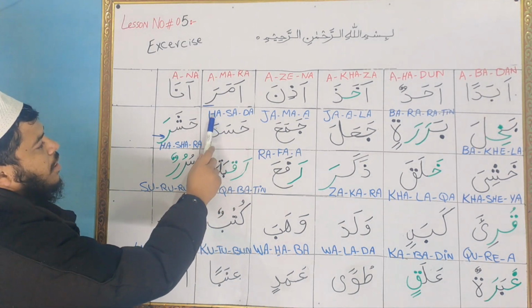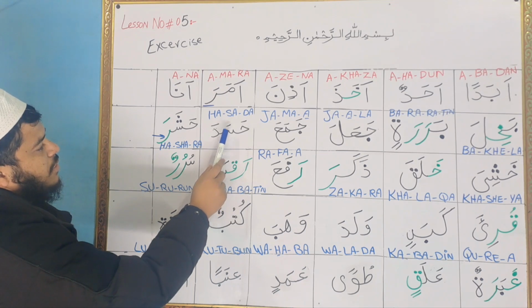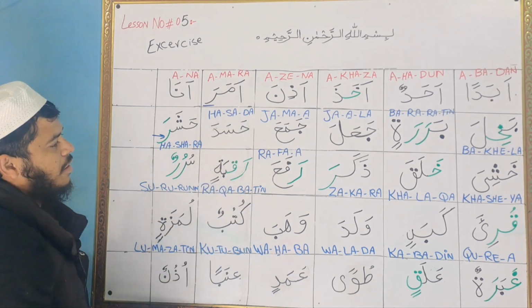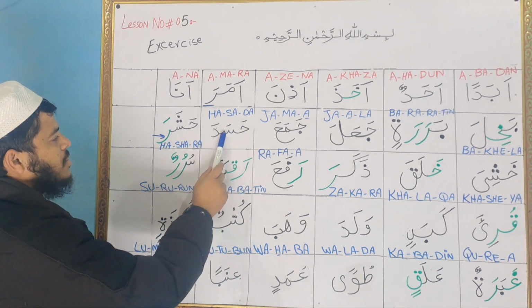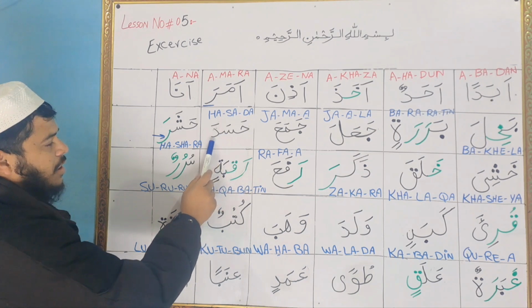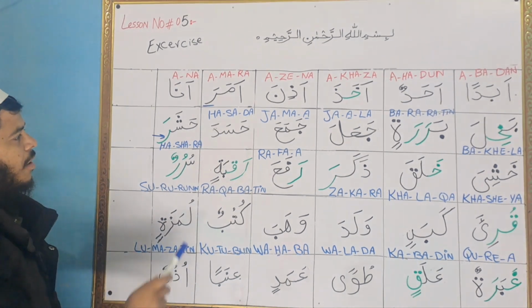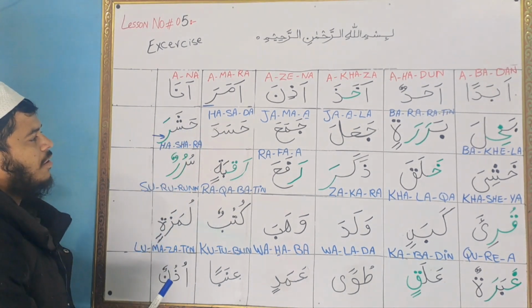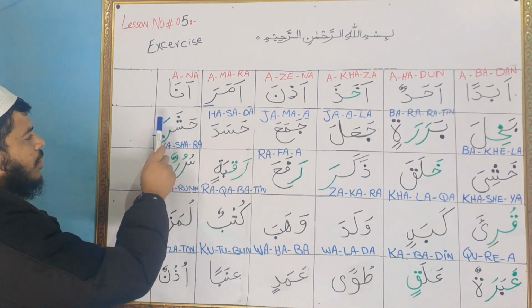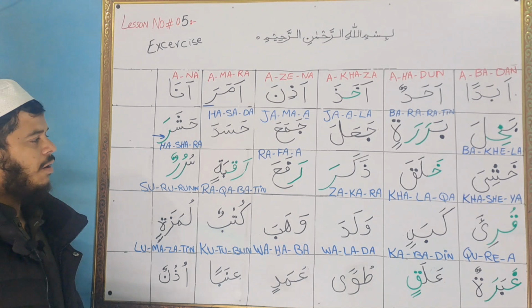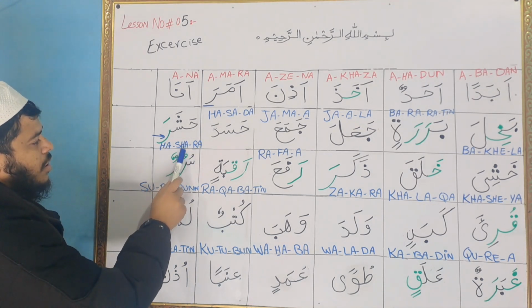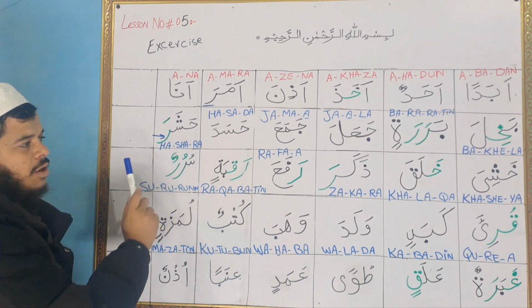Ha Fatha Ha, Sin Fatha Sa, Dal Fatha Da, hasada. Ha fatha ha, shin fatha sha, ra fatha ra, hashara.